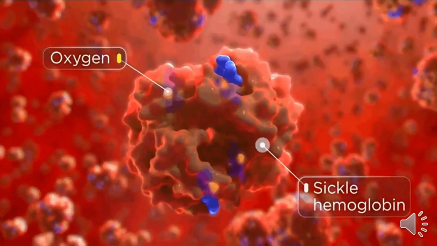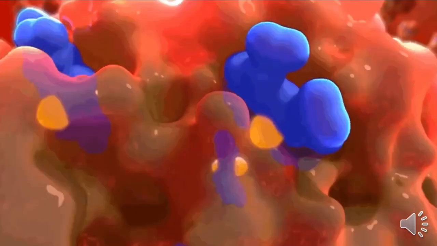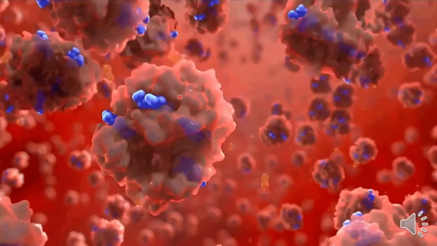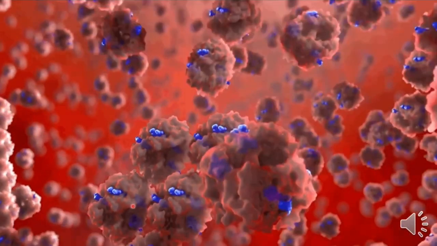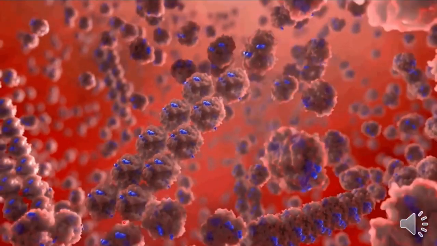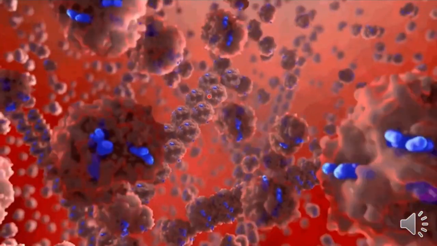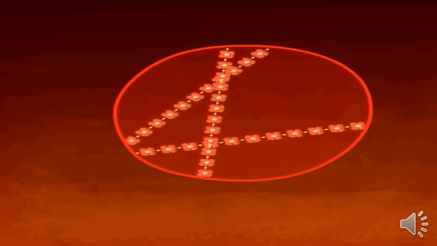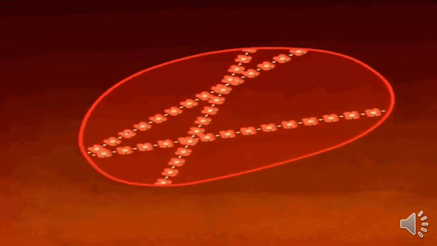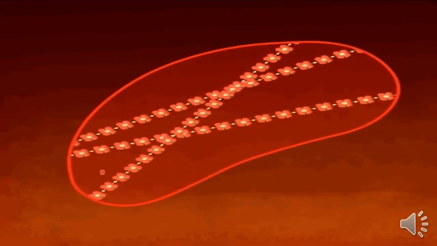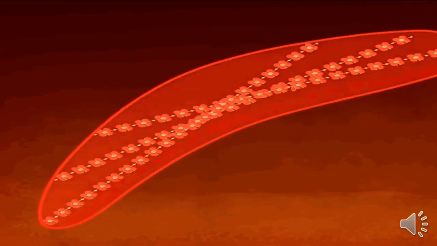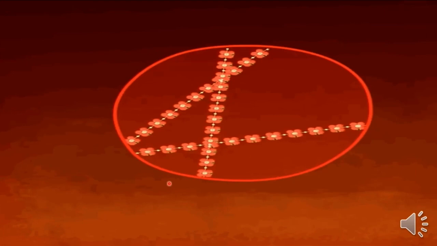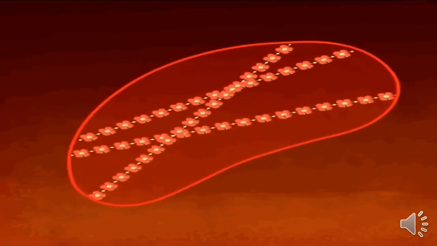So this is the HbS, and when it is deoxygenated, it will stick together and form long fibers called tactoids. These long fibers will push the RBC membrane out of shape, causing the whole cell to become rigid and take the sickle shape. So it will look something like this.